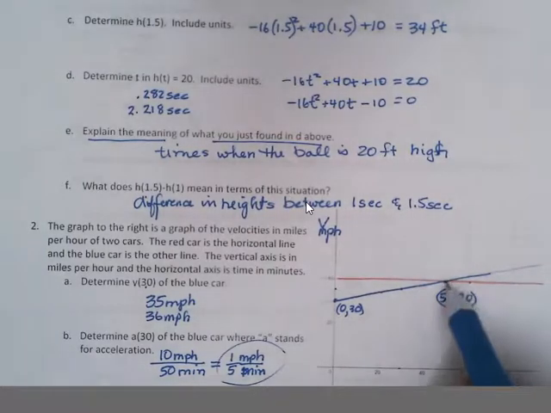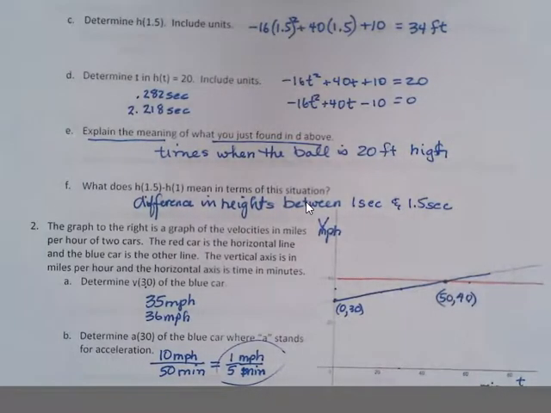Describe what the intersection of these two lines is. This is the velocity graph, not distance graph. So the intersection of this is the time where both cars are traveling at 40 miles per hour.